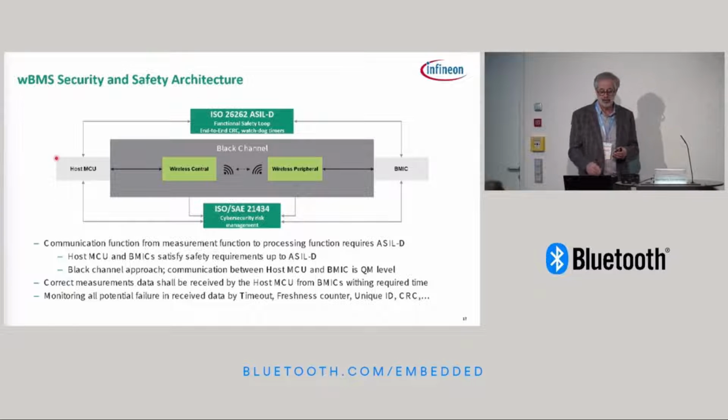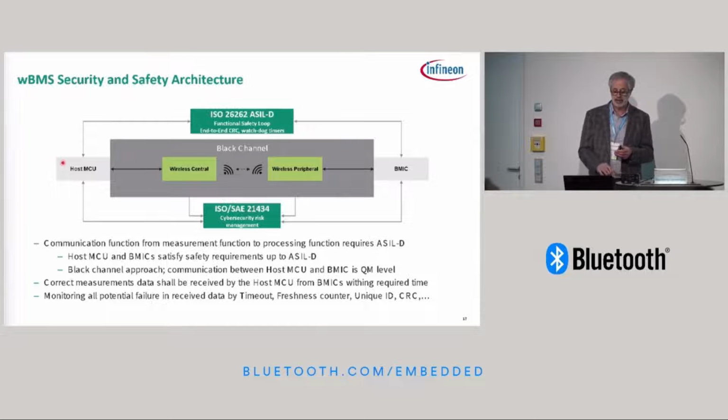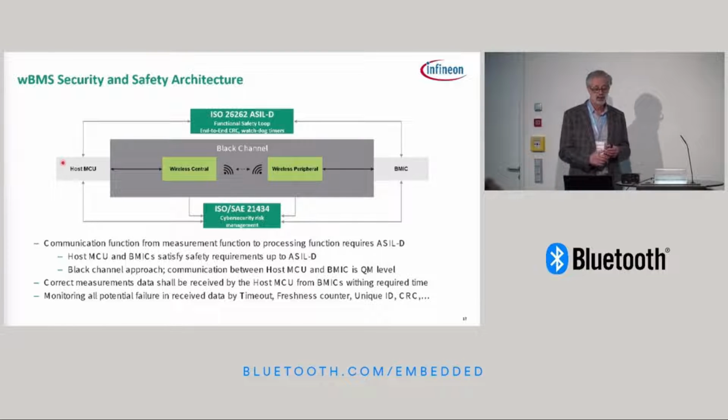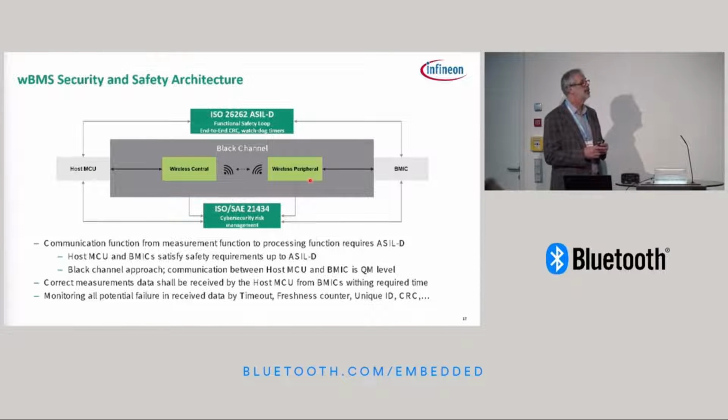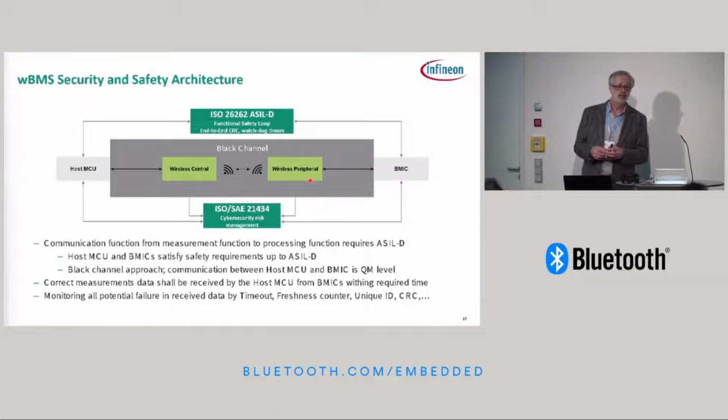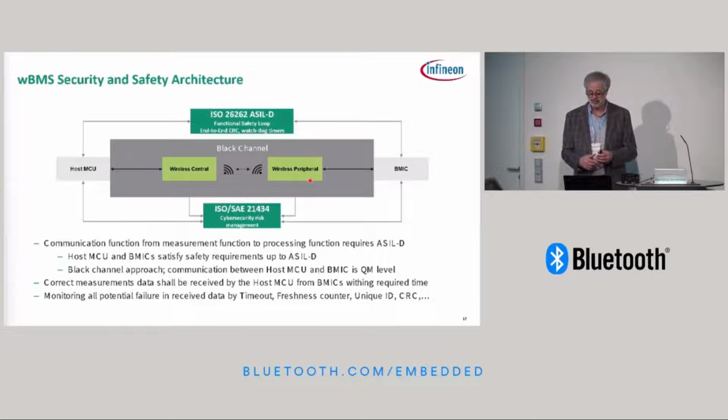How it gets from this ASIL-D part to this ASIL-D part doesn't matter. So we can use a black channel between the wireless central and the wireless peripheral. Thinking about that, if you have a UART, there are no requirements for the UART. The UART is also a black channel, so wireless can also be a black channel. That works pretty well.